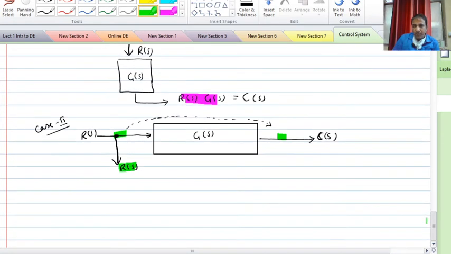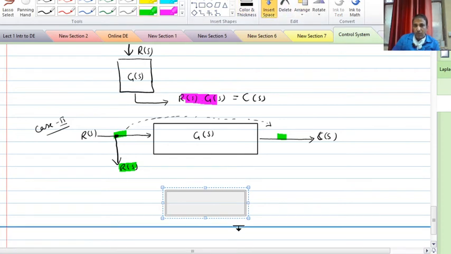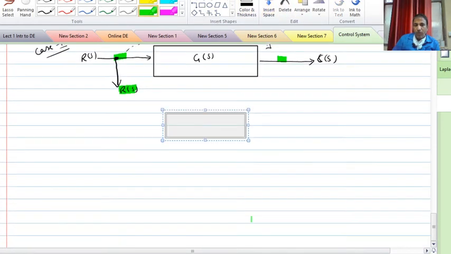See here. In this case, we need to add a block with 1 by Gs transfer function. Okay.